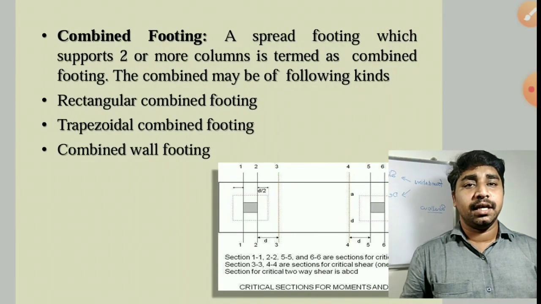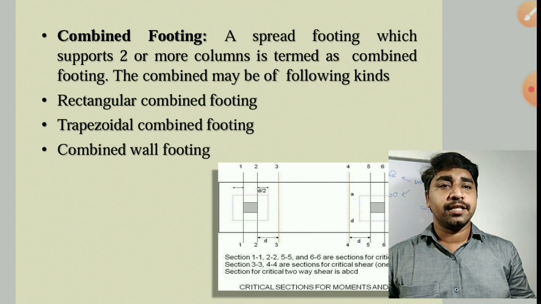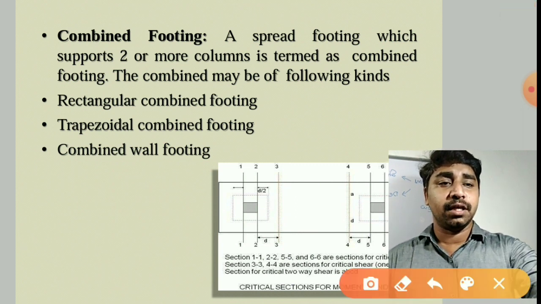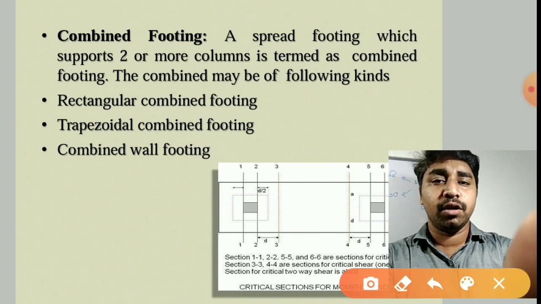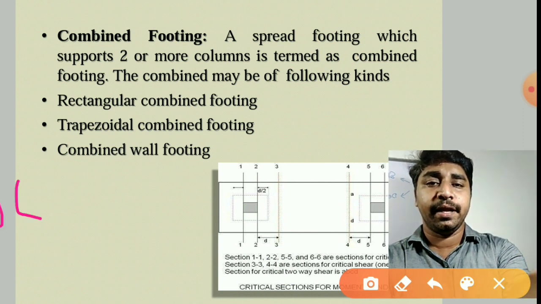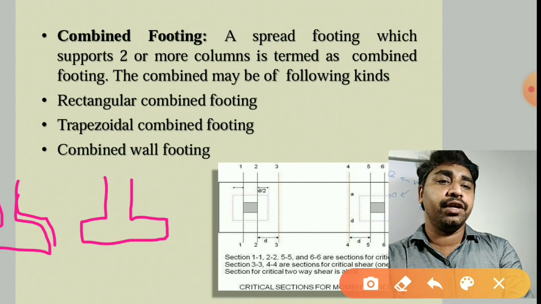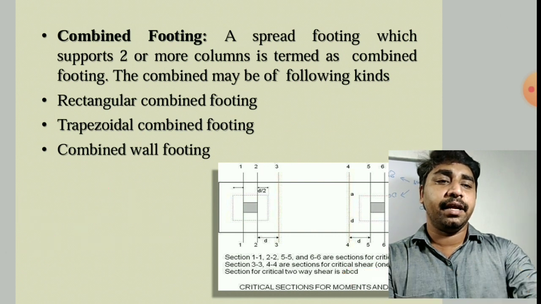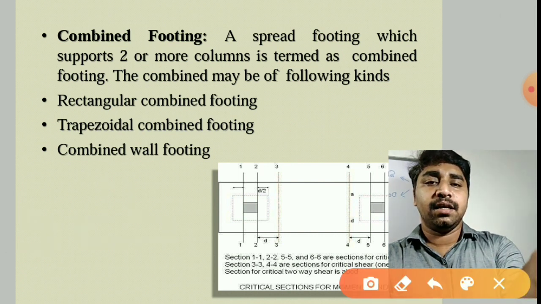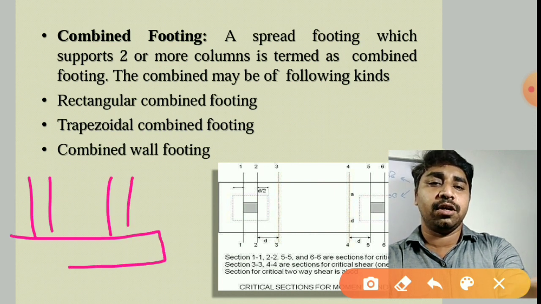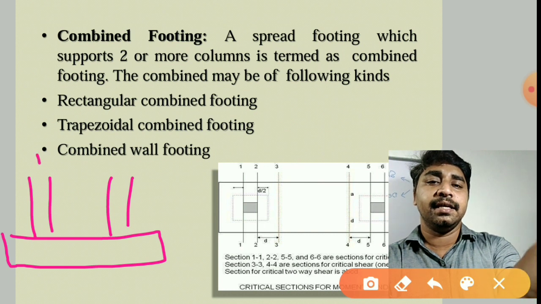Next, combined footing. A spread footing which supports two or more columns. If two or more columns are supported, instead of two individual footings, by laying a single footing in order to support the two columns, then it is called a combined footing.